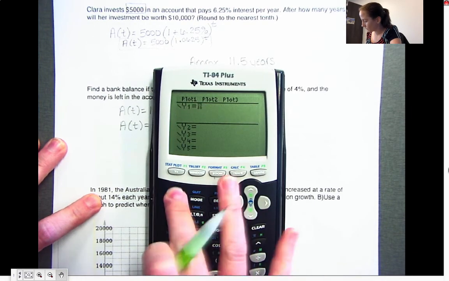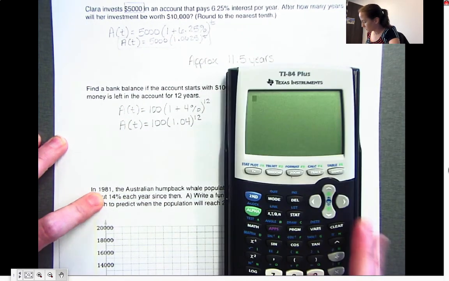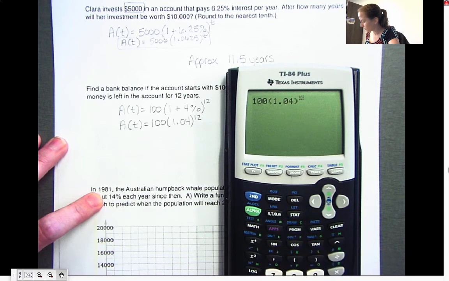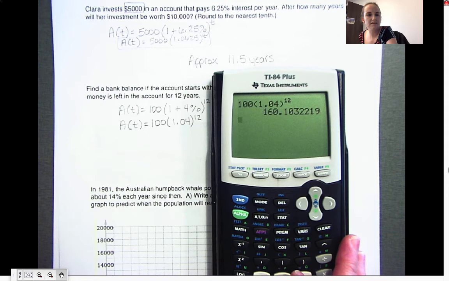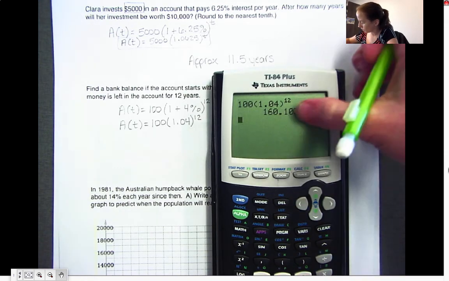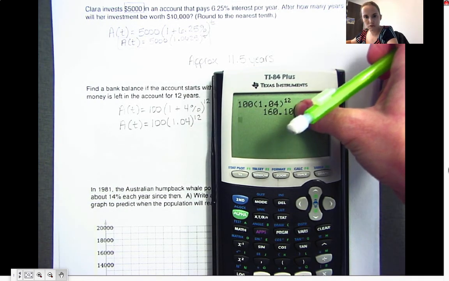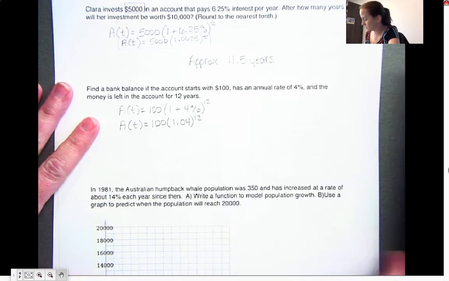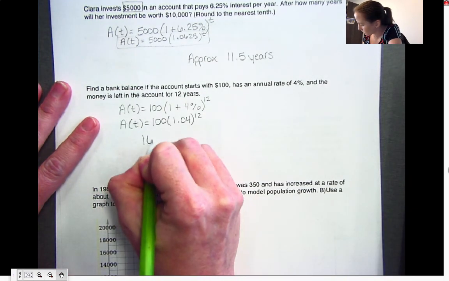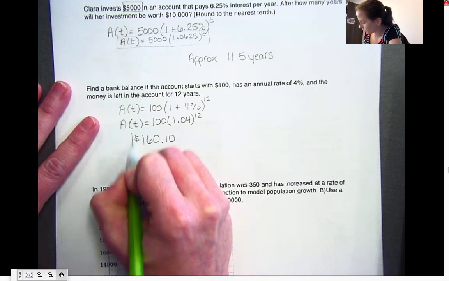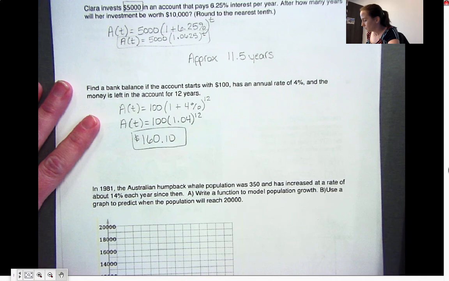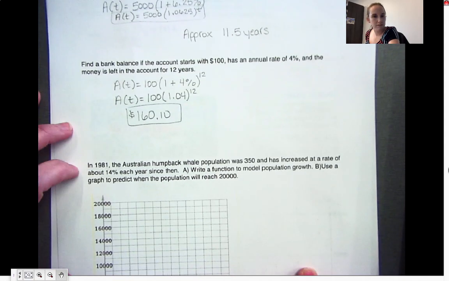So I'm going to clear that out and just put in 100 times parentheses 1.04 raised to the 12th power, equals, and it's 160, and since it's asking about money, we're going to use 2 decimal places here, so $160.10. It's not really a big increase to be left in there for 12 years.